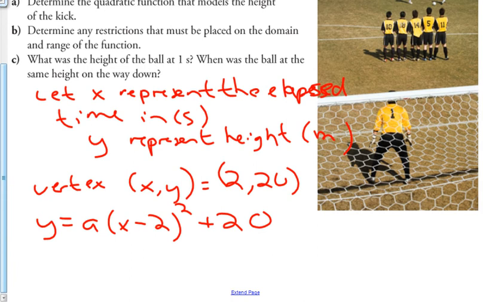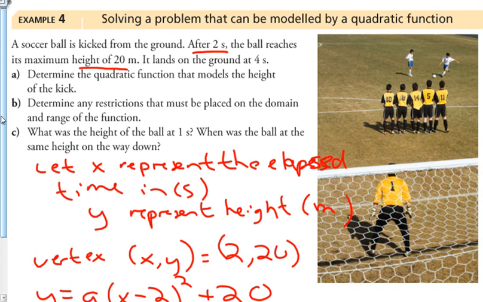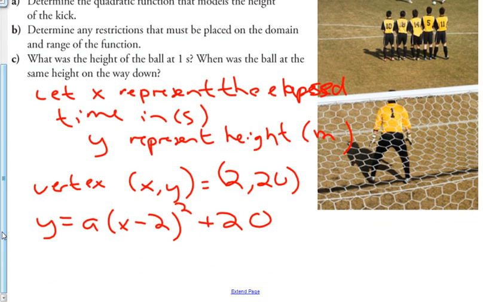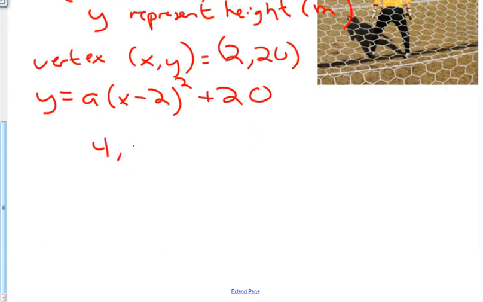Next, I can solve for a by using the point that corresponds to the ball hitting the ground. The ball hits the ground after 4 seconds, so the height is going to be 0. So the point that I'm going to be using then is 4 comma 0. So for 4 comma 0, I can solve for a. F of x, in this case y, is going to be equal to 0.